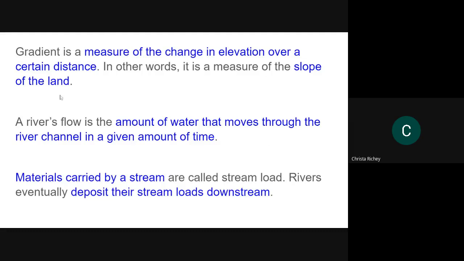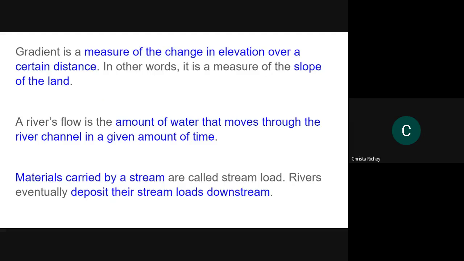But your flow of a river is calculated by how much actual volume of water, so a cubic meter or a cubic foot, I've seen both of them, depending on if you're metric system or not, goes past a specific point in a specific time period. Normally it's per second, okay, but that's not always the case.